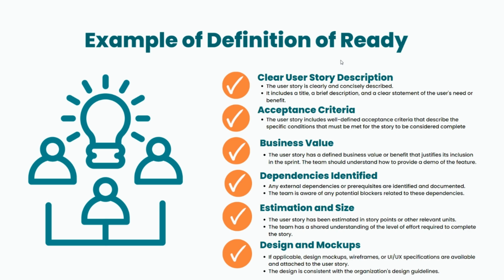You have a story which is given by the product owner, and when story grooming, refinement is happening, the product owner, scrum master and the development team are sitting together talking about the story, making sure information is clearly available and easily understood by developers so that they are good to start the work.